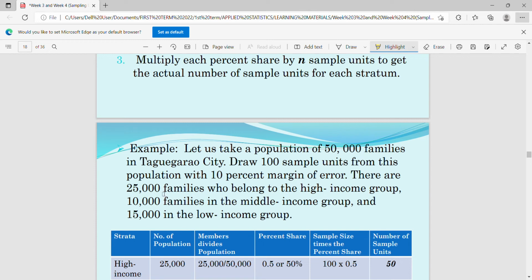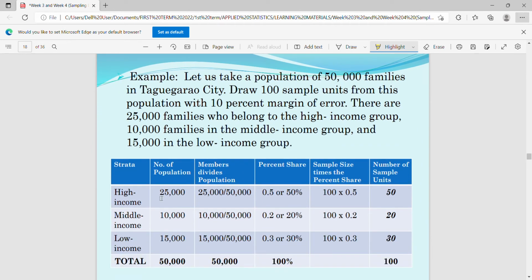Then these families are grouped into high income with a total population of 25,000, the middle income with 10,000, and low income which has 15,000. For the population of each stratum, what we will do is determine how many sample units we will get.